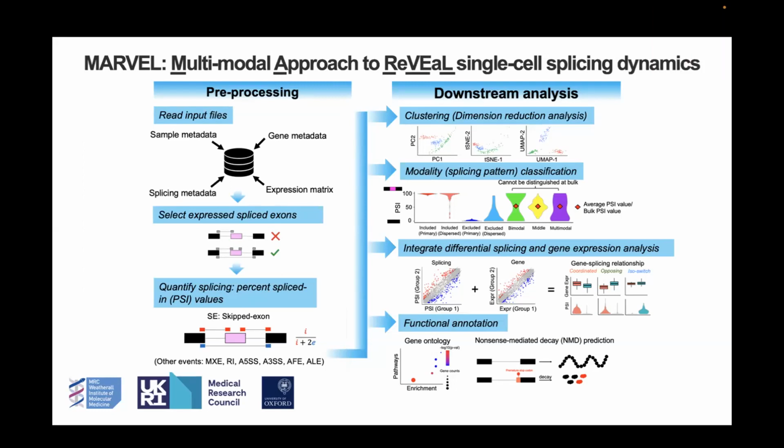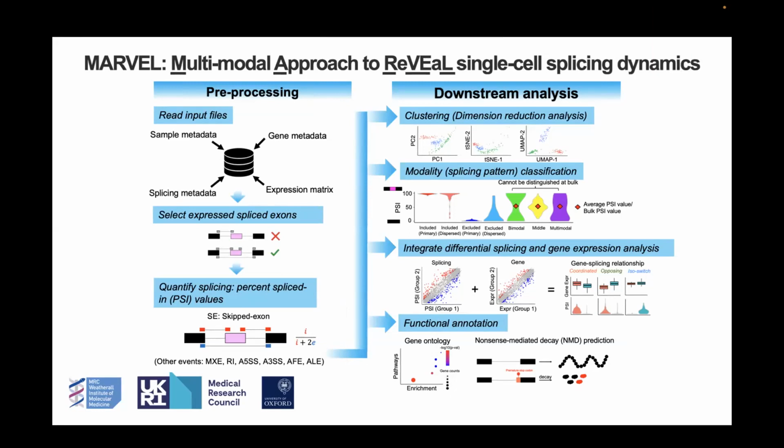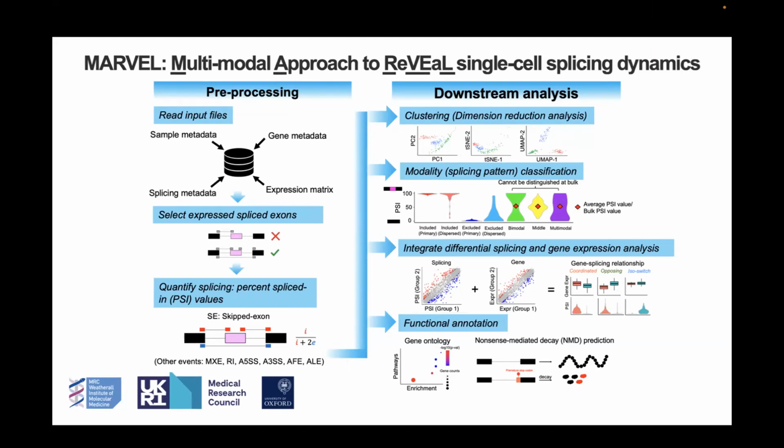Okay, from the quantification of the gene itself. From the quantification of the splice junction. Yes, okay. So it's a yes. So the splice junction matrix is one of the input files, but the gene expression matrix is also one of the input files. I see. Thank you so much. No worries.